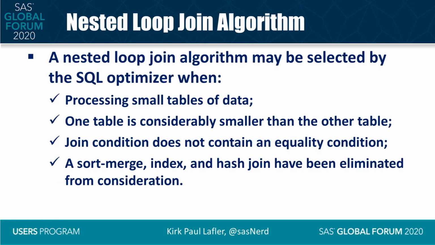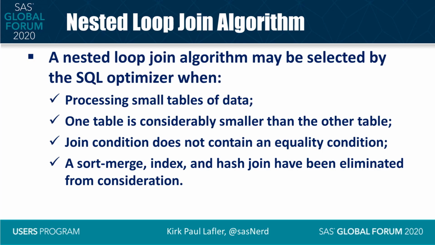A nested loop join algorithm may be selected by the SQL optimizer when processing small tables of data, where one table is considerably smaller than the other table, the join condition does not contain an equality condition, and a sort merge, index, and hash join have been eliminated from consideration.